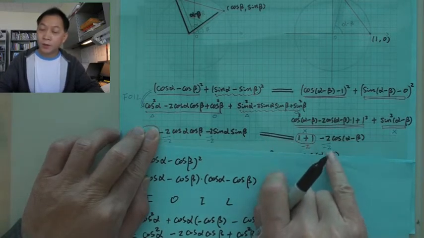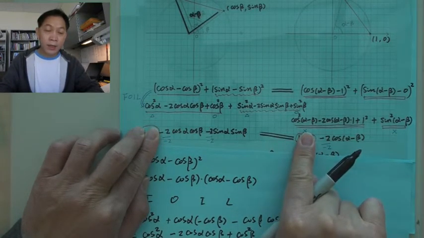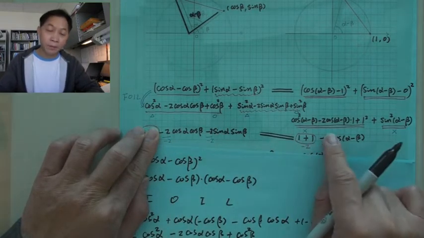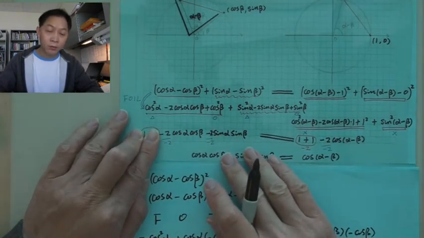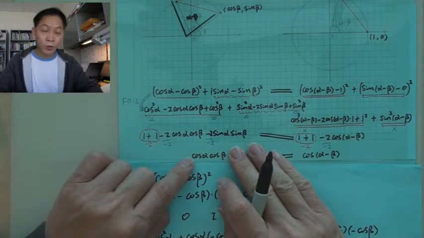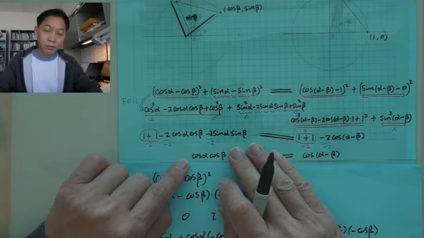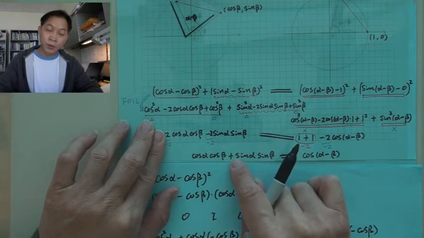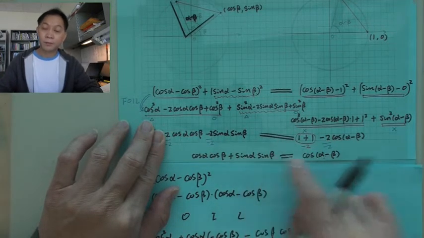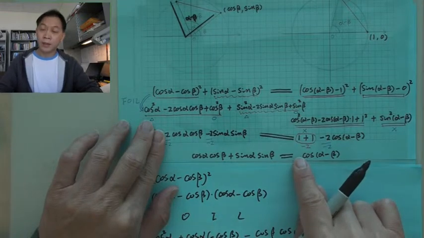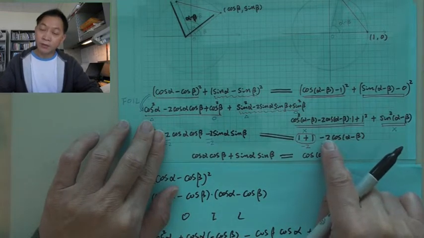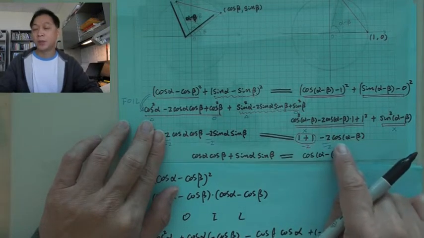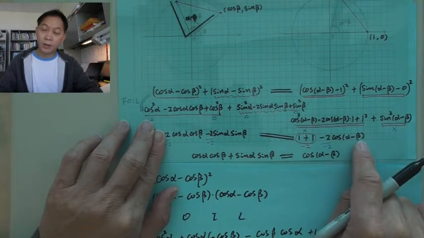You see here, negative 2 divided by negative 2 is positive 1. So you don't need to write positive 1. And negative 2 divided by negative 2, you have a positive 1. Okay? And then down here you have negative 2 divided by negative 2, positive 1 times cosine alpha minus beta.